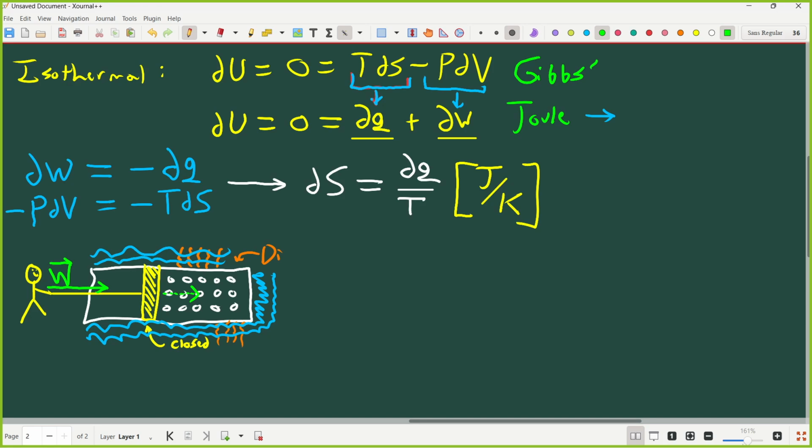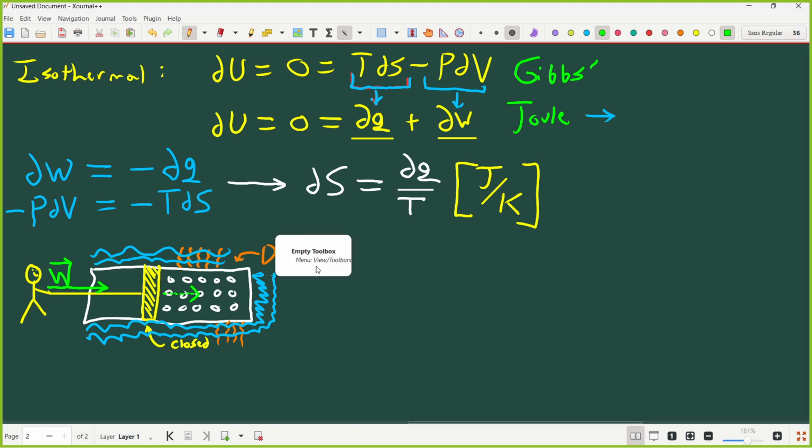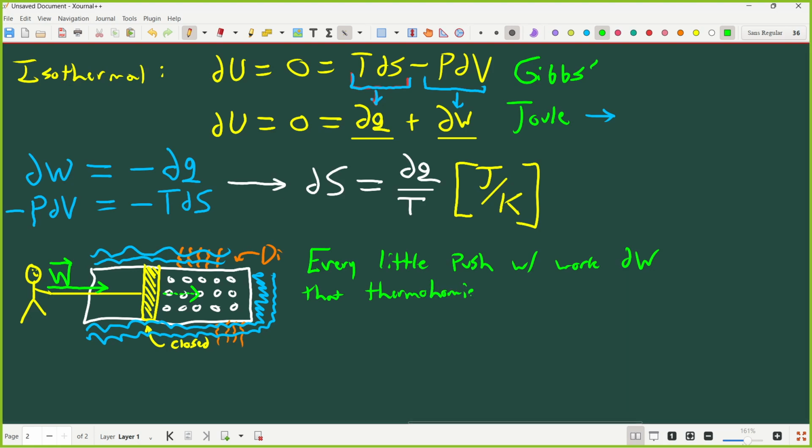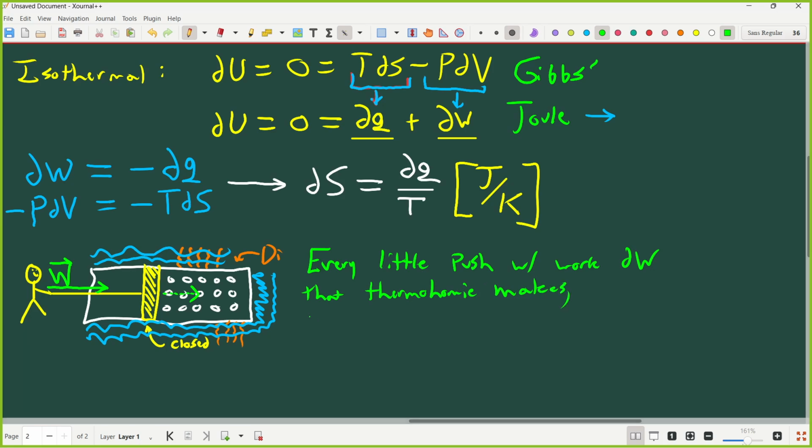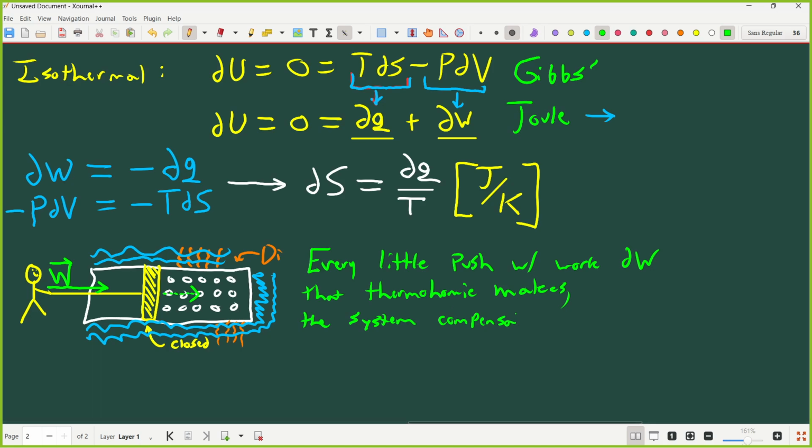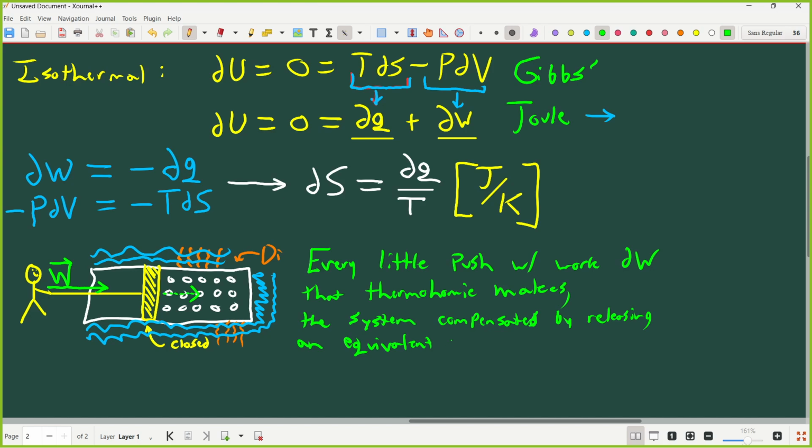So every little push with work dW, that I'm going to call thermo-homie, thermo-homie makes, the system compensates by releasing an equivalent amount of energy as heat, dQ.